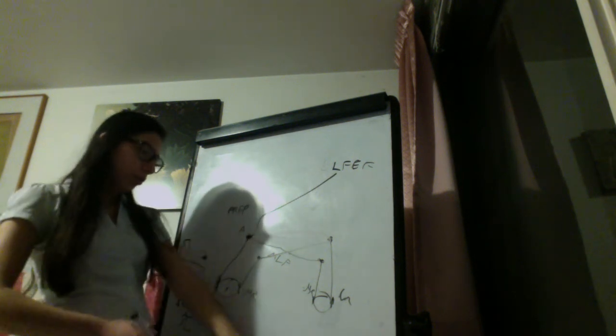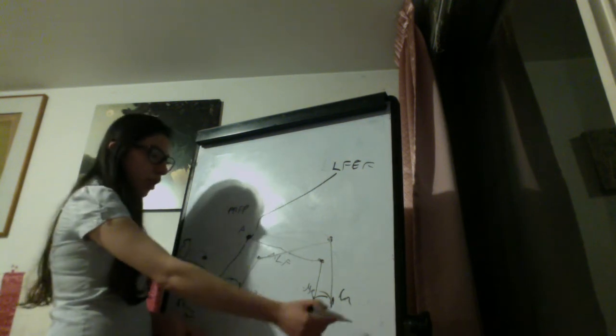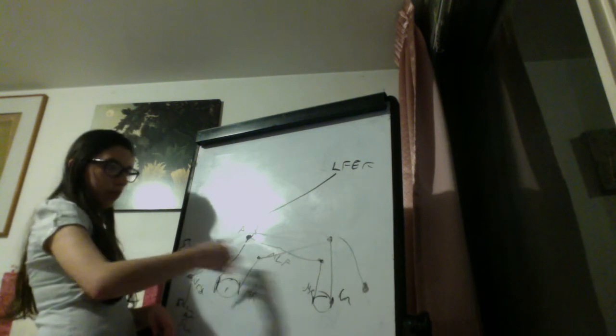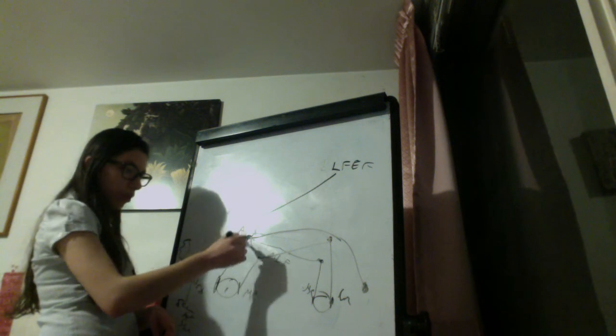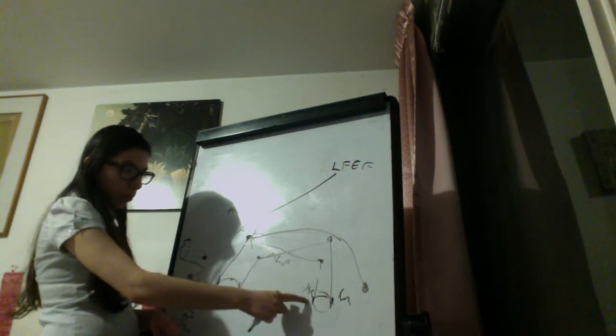The other way would be if we stimulate the left vestibular system, then these axons of the vestibular nuclei will go to this abducent nucleus, to this lateral rectus, and to this oculomotor nucleus, and then to the medial rectus.